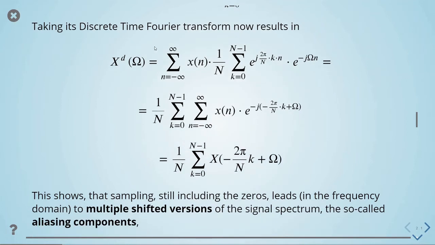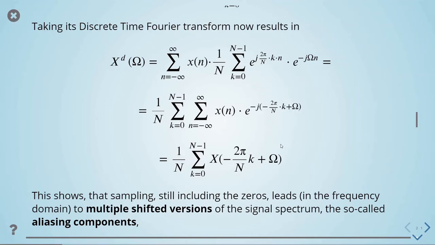So we have that the discrete time Fourier transform becomes 1 divided by capital N, and this summation going from k equals 0 to N minus 1, and then we have this X of minus 2 pi divided by N times k plus omega.